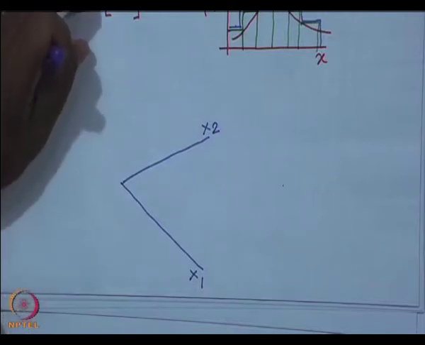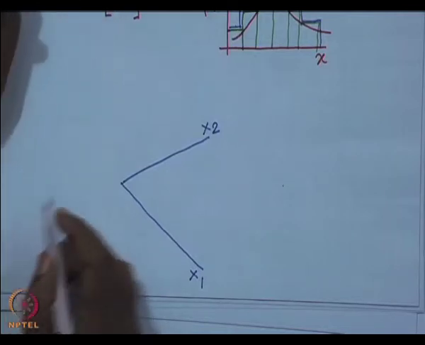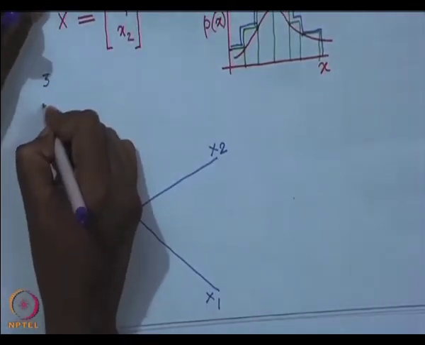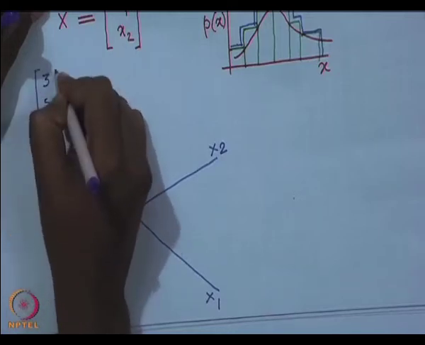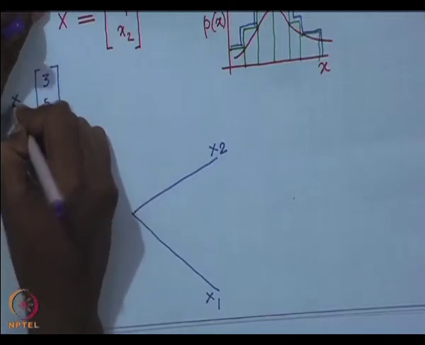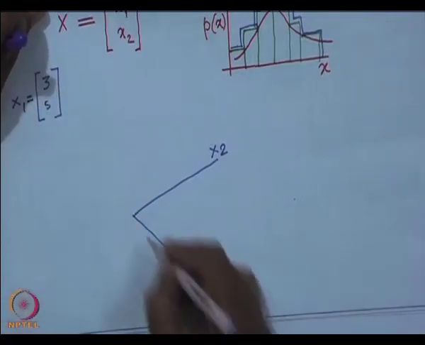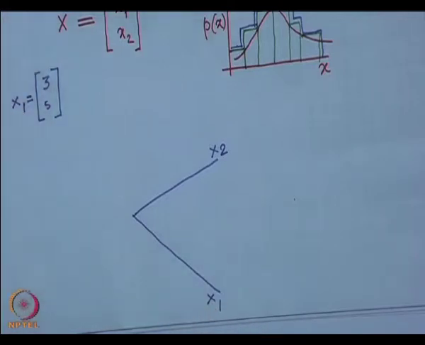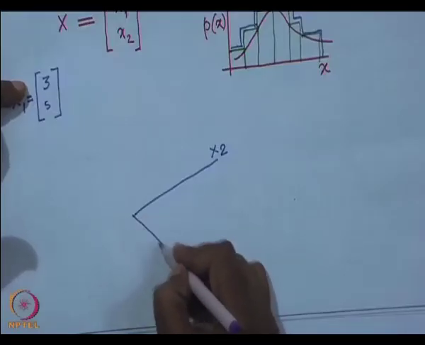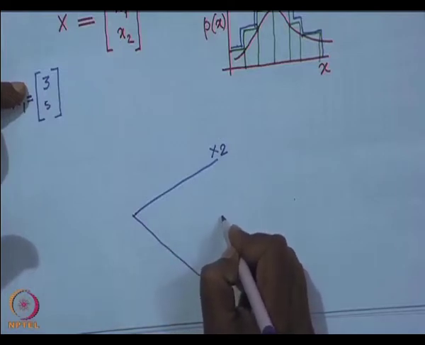And any vector has a component value x 1 and a component value x 2. Say, for example, if I take a vector 3 5, this particular vector is nothing but a point in my two dimensional plane defined by x 1 and x 2. So, this 3 5 is a point somewhere over here.